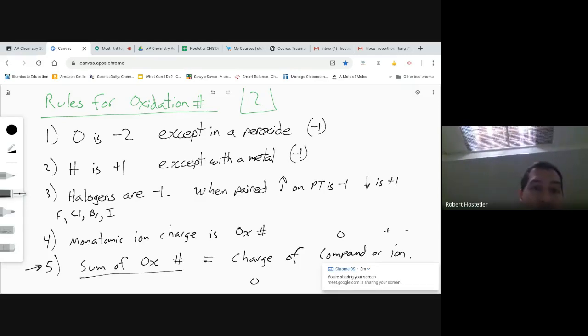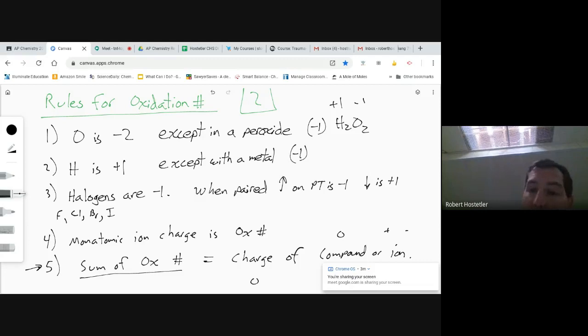The rules we do have: O is -2. The only time it's not going to be that way is if you have some kind of hydrogen peroxide or other peroxide. Each H is +1, and therefore each O has to be -1 for that to add up to 0. Hydrogen most of the time is going to be +1.